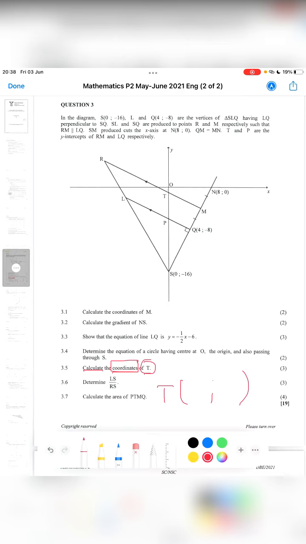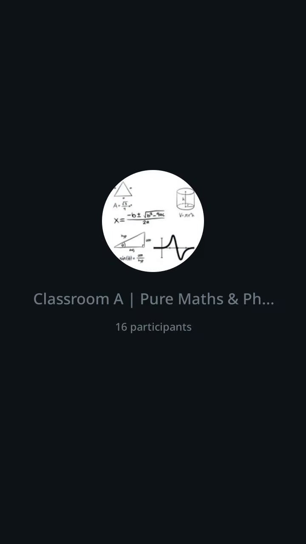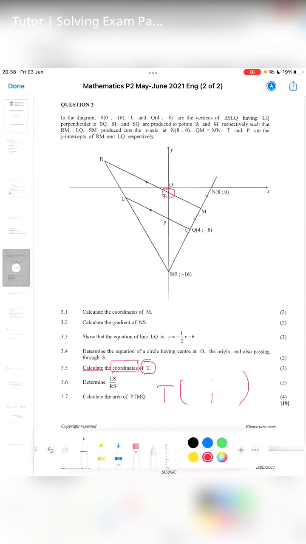Let's try to check exactly where T is on that diagram. Oh, there is T. But how am I going to get the coordinates of T, ladies and gentlemen? Is it not a bit tricky? Okay, but it's fine. There's something that I know.